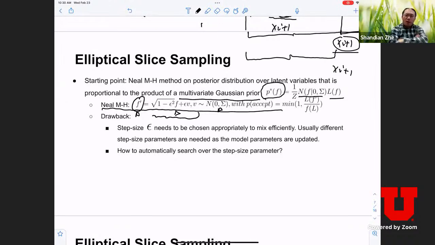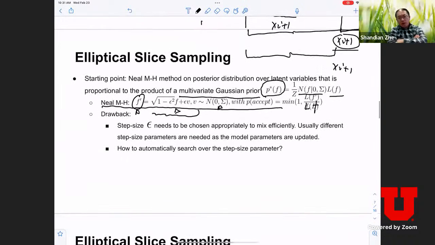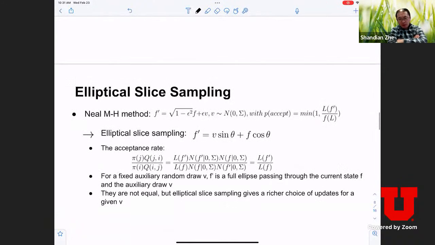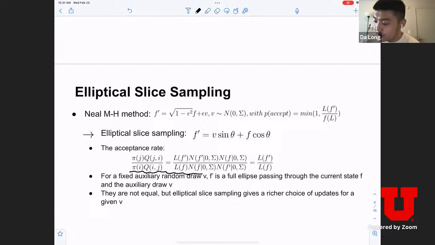Why does the acceptance test only need to calculate the ratio of the likelihood? Sorry, this would be L of F. Yeah, because P of F prime given F is the same as P of F given F prime. This is the acceptance rate.